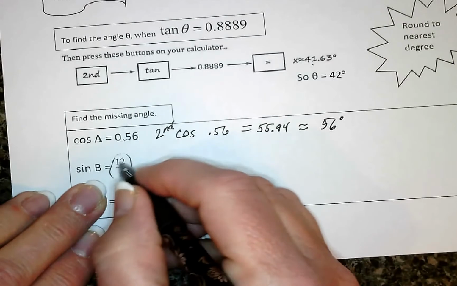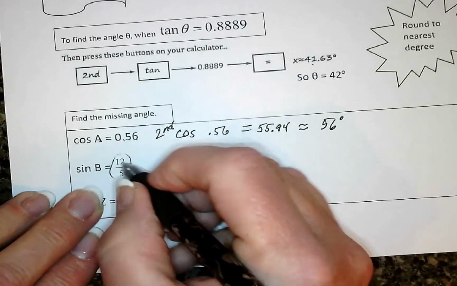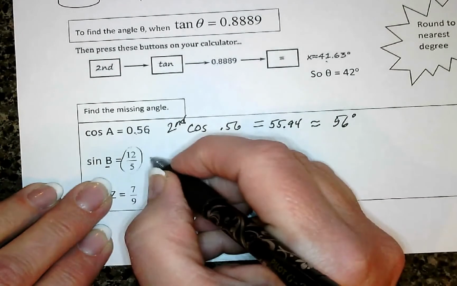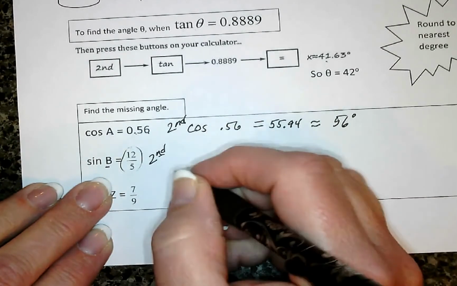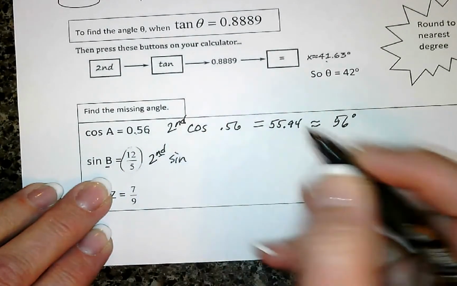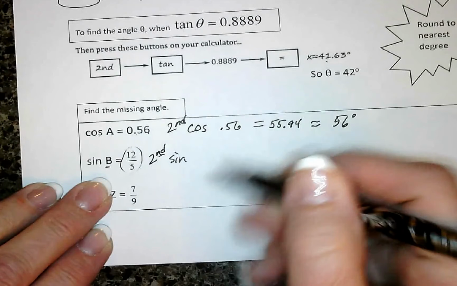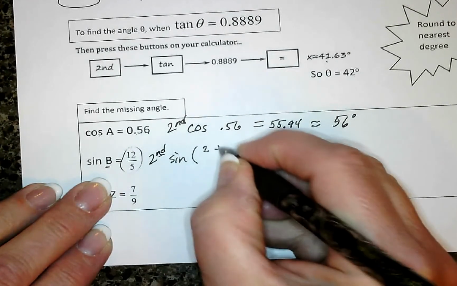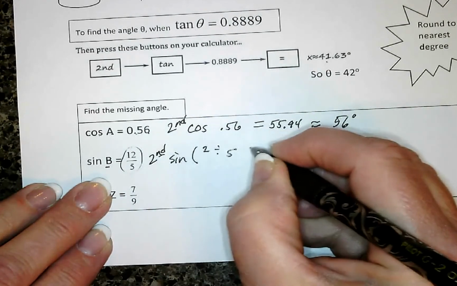I've got this one marked again because it's not supposed to be 12, it's 2. So anytime I want to find an angle, like in this case angle B, I have to push the second, because I need that inverse one. Second, sine, and I'm just going to let the calculator do my division for me. So I'm going to push in 2 divided by 5, equals.